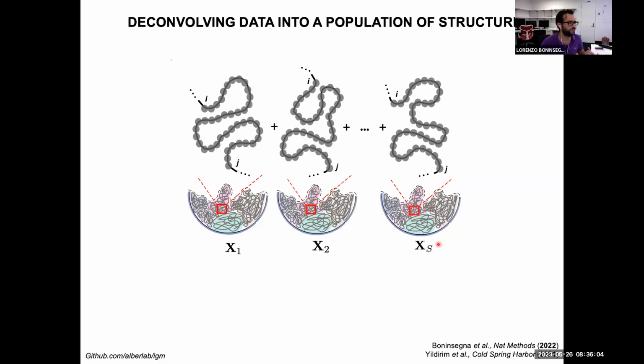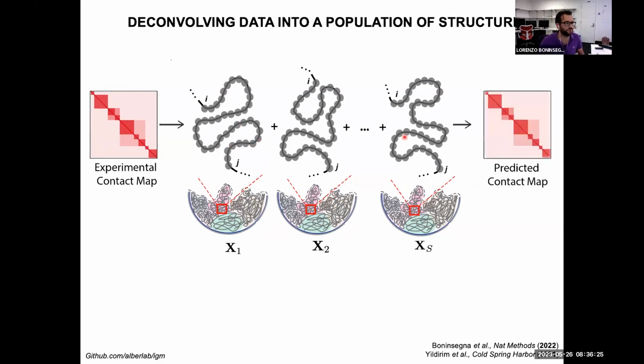And let me just briefly sketch how we implement our data-driven process here. And I'll do that using the Hi-C data because this is easier to show actually visually. So we have an experimental contact map that we would like to use as a generator for our population of structures. And clearly, we would like the population of structures to predict a very similar contact map.